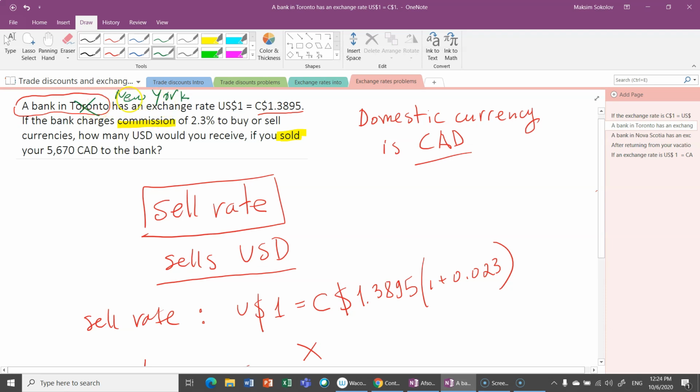So this change, Toronto to New York, means that the bank now is in United States and the domestic currency now is US dollar. So this is the domestic side of the currency.